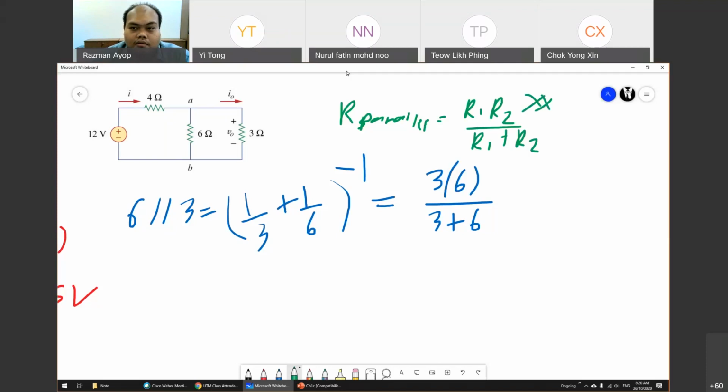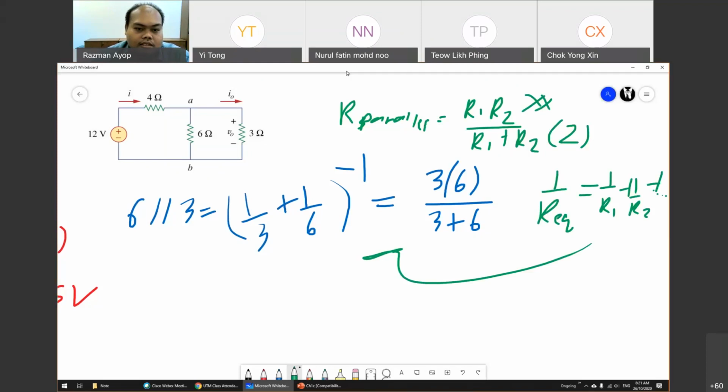If more, you have to use the formula 1 over Req equals 1 over R1 plus 1 over R2 plus the rest. But for this case, you can use this.